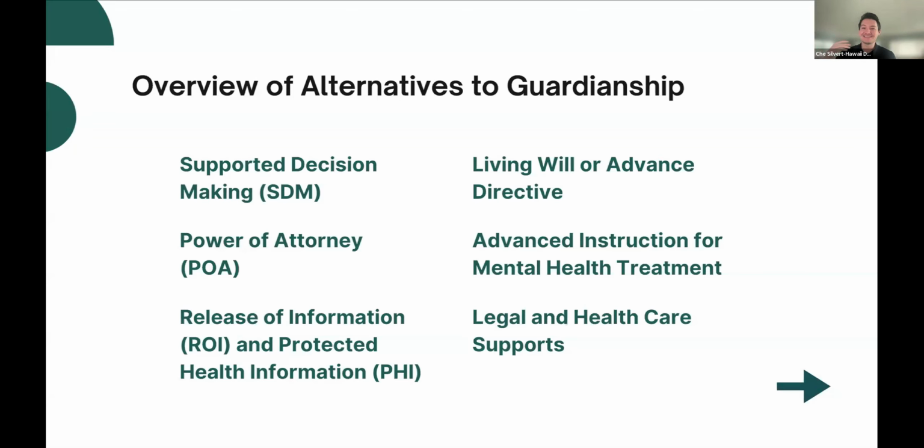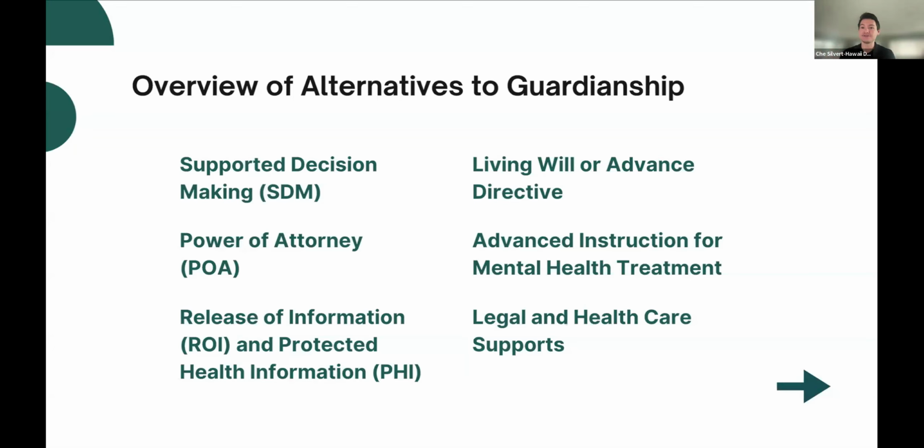Power of attorney is another legal way of signing a document in which you become a surrogate decision maker for somebody. We'll get into some nuances in a little bit, but the big difference between power of attorney and guardianship is that at the end of the day, the individual still has the right to make decisions, and their decision is still the most powerful.